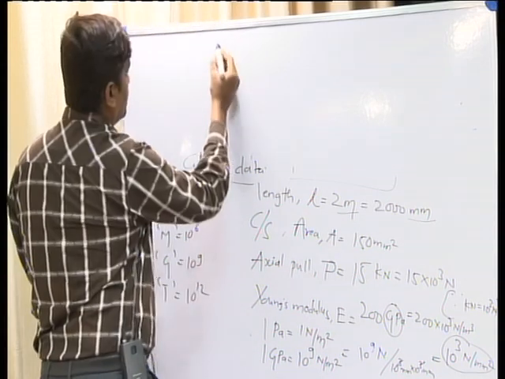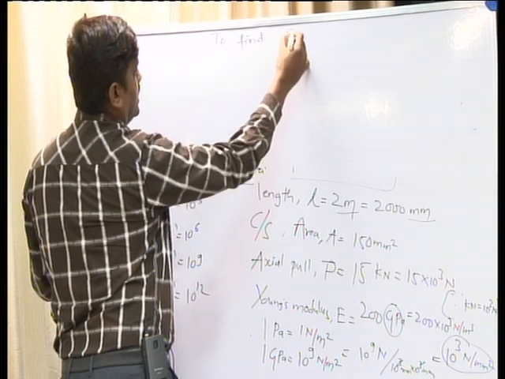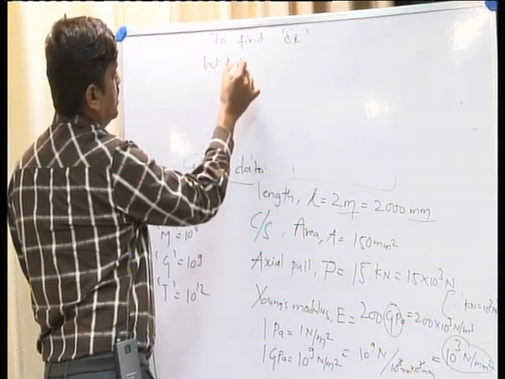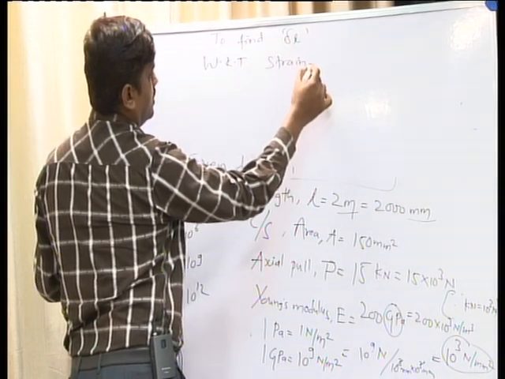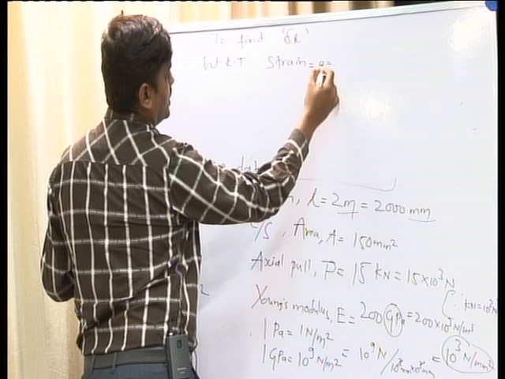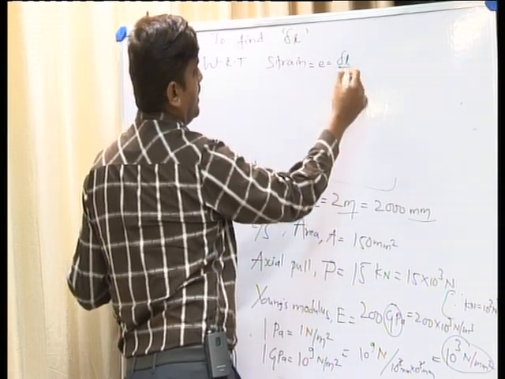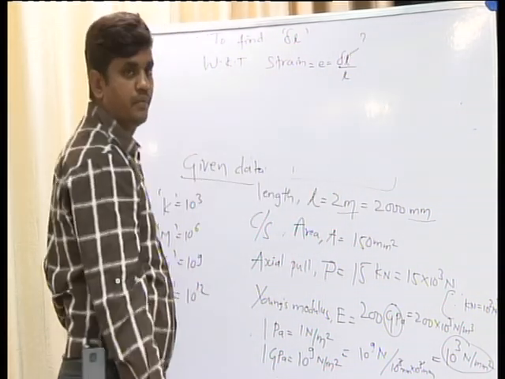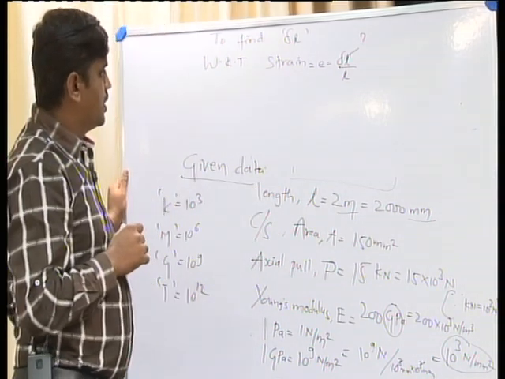So we have to find delta L. We know that strain e is equal to delta L by L. So now we have to calculate delta L.